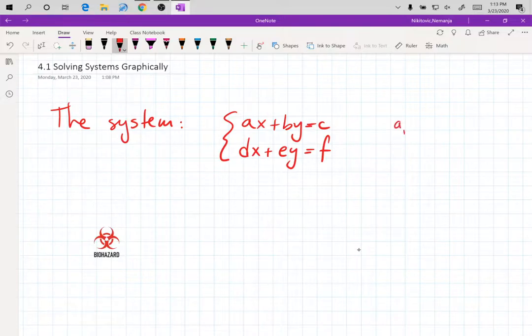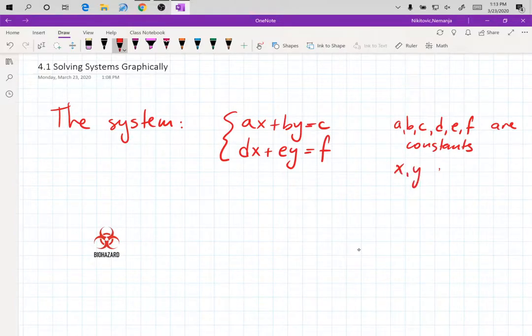So a, b, c, d, e, and f are constants, and x and y are variables. Goal: to solve the system.